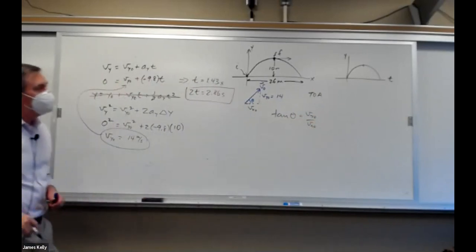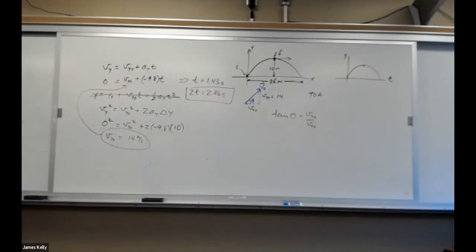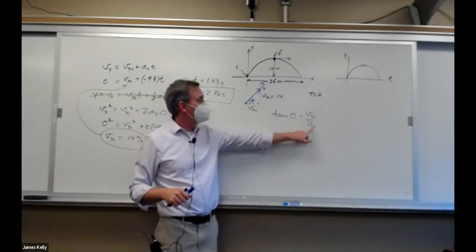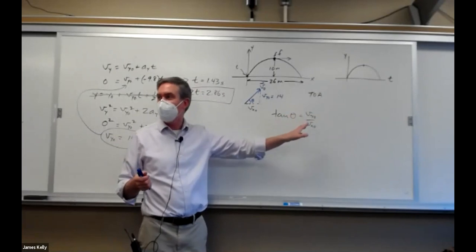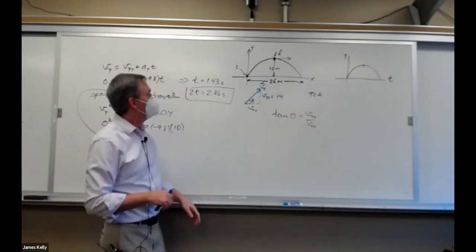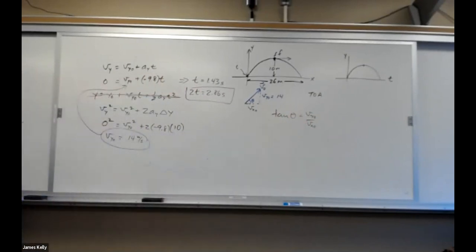And I know Vy0, we just found that in the process of doing part A. So if I could find Vx0, then I would just take the inverse tangent. It's going to be a nice angle between 0 and 90 degrees, so I don't have to worry about adding 180s nonsense. Dr. Kelly?